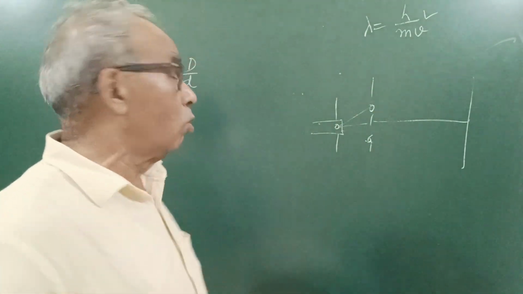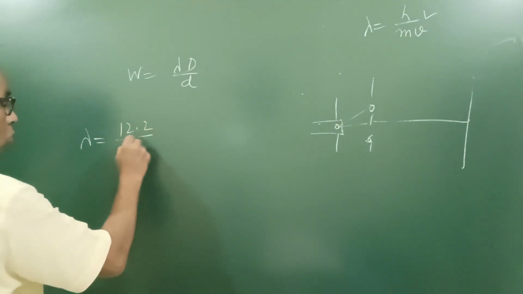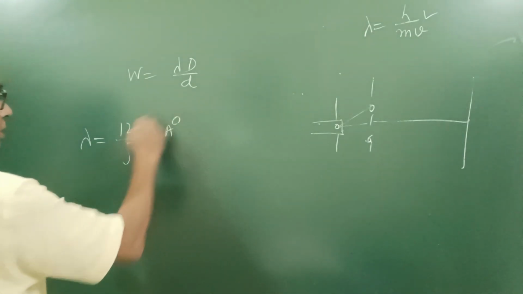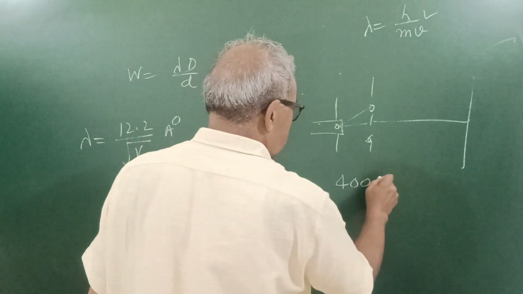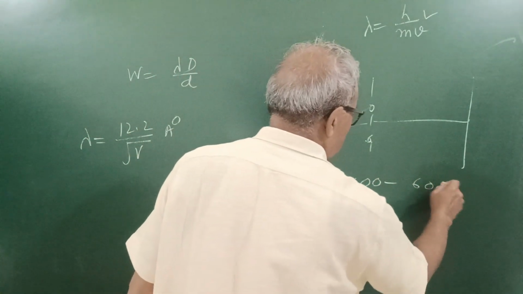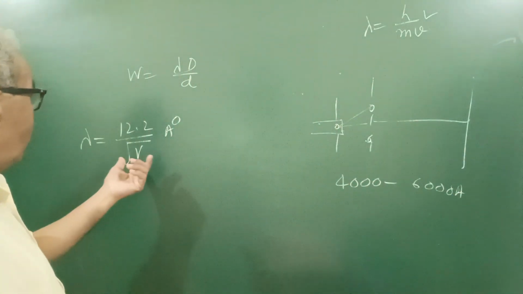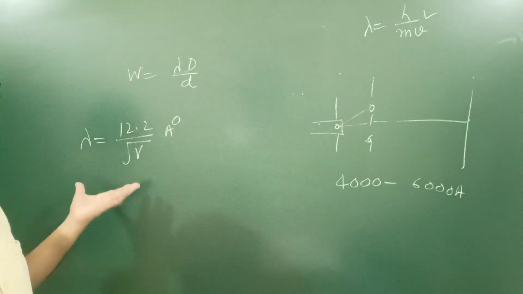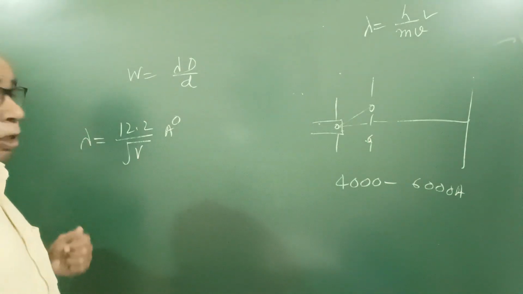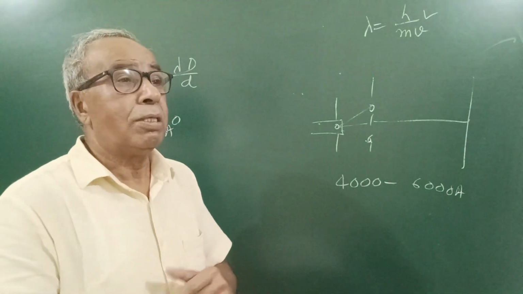We accelerate electron, and that is 12.2 upon under root V angstrom. Wavelength of visible light varies from 4000 angstrom to 6000 angstrom. And wavelength of electron beam when accelerated through 100 volt is only 1.22 angstrom, or with 10,000 volt it will be 0.12, very small. There is a term resolving power.